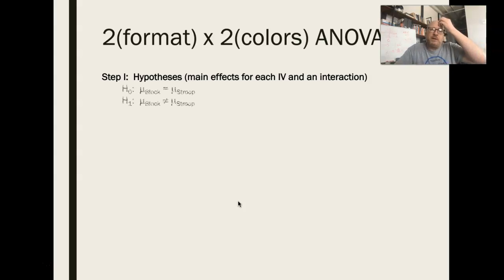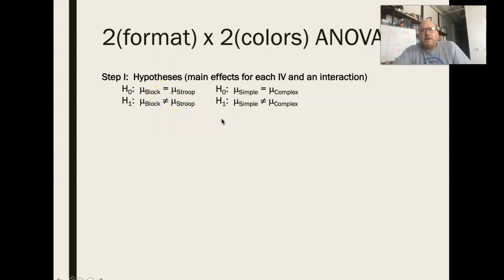Okay. So the very first one is the block versus Stroop. That's the format variable. And you should see that this is just a very basic null and alternative hypothesis. Very straightforward. The colors, I just called it simple and complex. So those are very straightforward. What's important here, and this will come up as we look at degrees of freedom, is notice that this one doesn't make any reference to the colors at all.